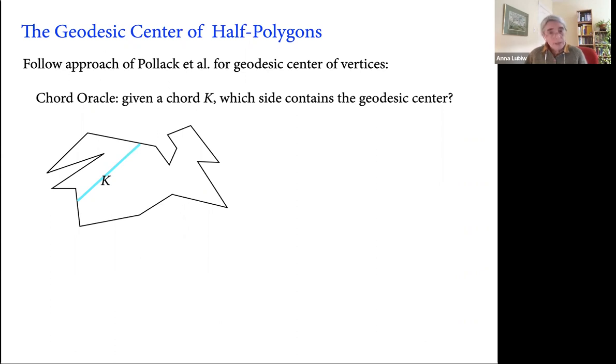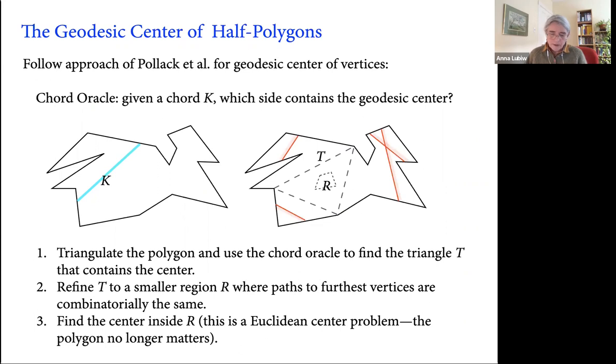Now, after they've designed this chord oracle, I'll talk about how in a sec, here's their algorithm. They triangulate the polygon from the vertices, giving a linear number of triangles, and use the chord oracle to isolate which of the triangles is going to contain the center. Then inside that triangle, we still have maybe very complicated different combinatorial paths to reach all the half polygons.